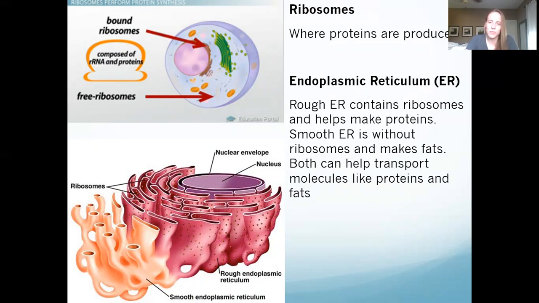The smooth endoplasmic reticulum doesn't have any ribosomes, but it helps make fats. Again, you don't have to differentiate between the two different types of endoplasmic reticulum, as long as you know that it helps with protein and fat synthesis. You should also know that it helps with the transport of both of those. Essentially, it acts like a giant conveyor belt, moving those fats and proteins away from the nucleus towards the rest of the cell.